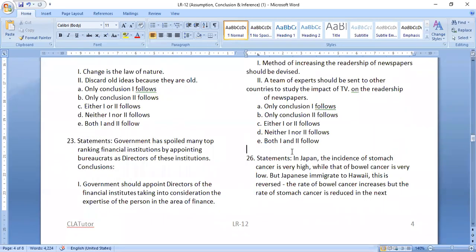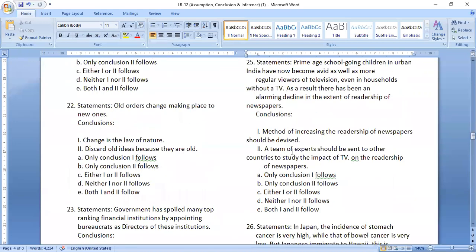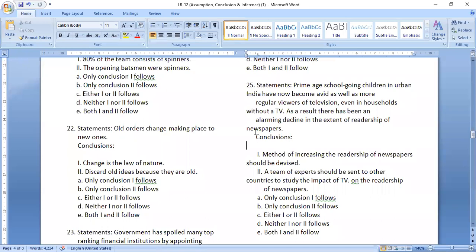Yes. But I'm not sure if it's right or not, but isn't the main point of the passage not that we have to increase the readership of newspapers? Isn't it more talking about the television aspect, and how, because of that, the newspaper declines? So we can't say that it's a conclusion that we have to increase the readership of newspapers. Okay.